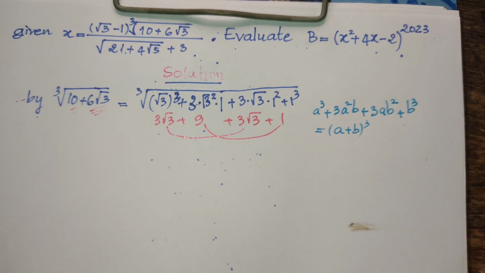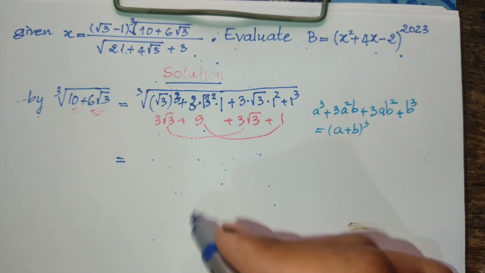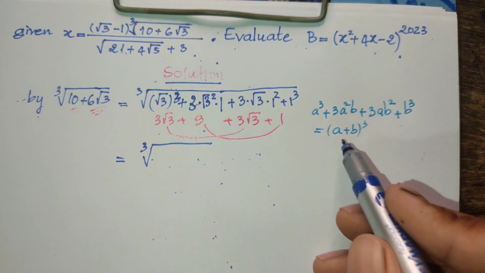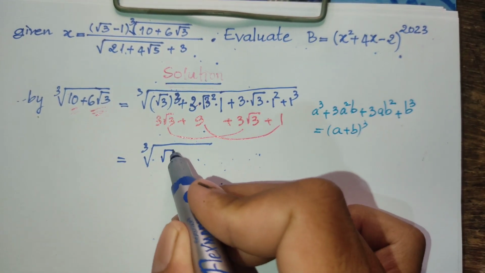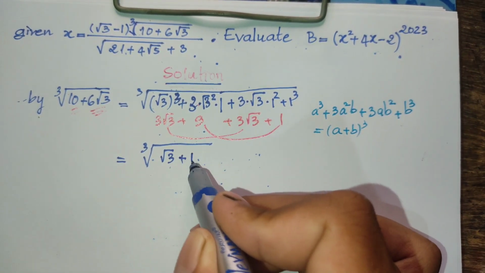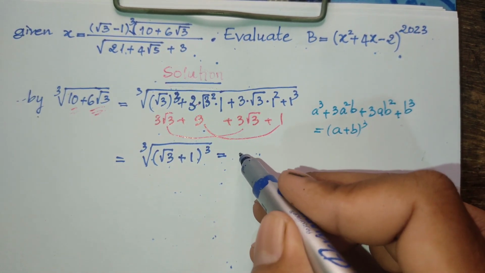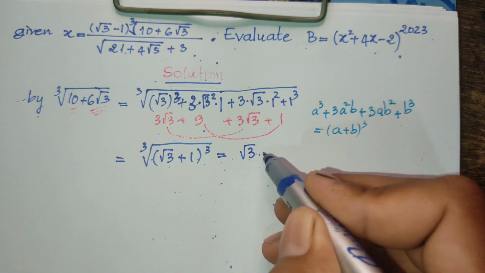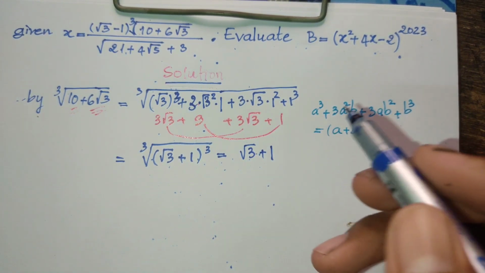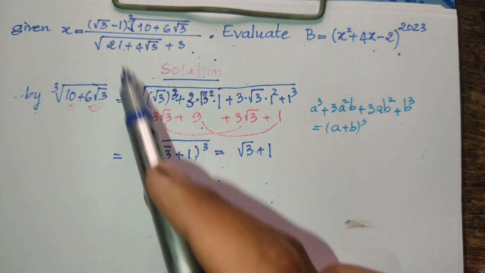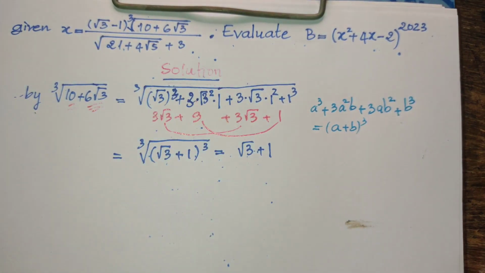Now we use this rule to find the value of this expression, and it equals the cube root of (square root of 3 plus 1) all to the power 3, and it equals square root 3 plus 1. Okay, now we have this expression.